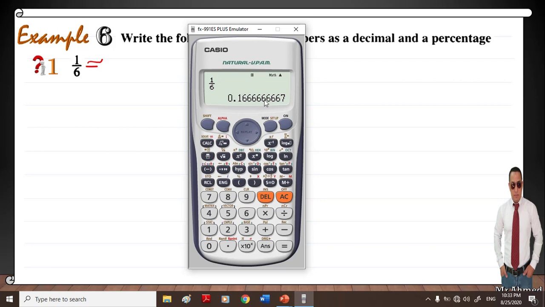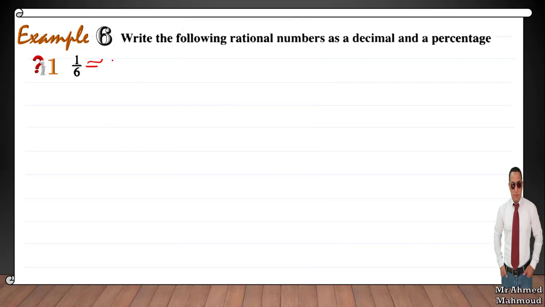So 6 here is repeated, so it will be 0.16 with a dot. To change this number into percent, I'm going to multiply by 100. 0.16 dot times 100 equals 16.6 dot percent.